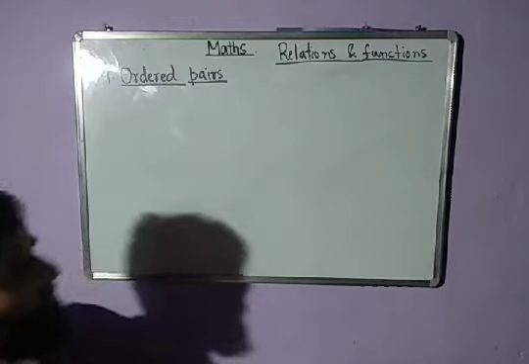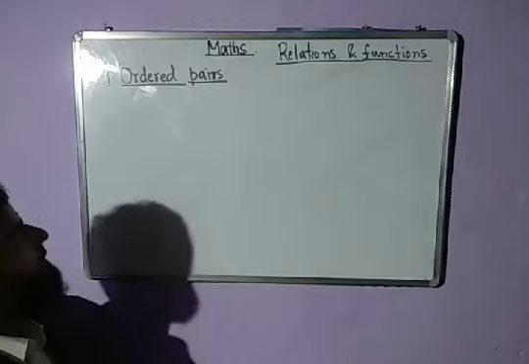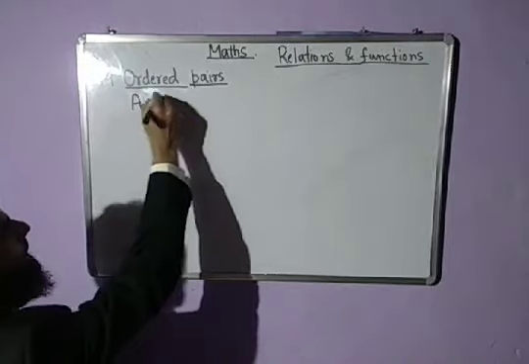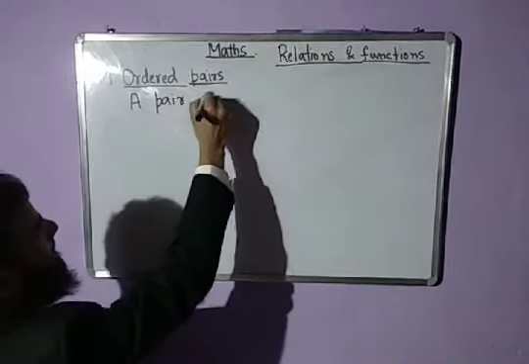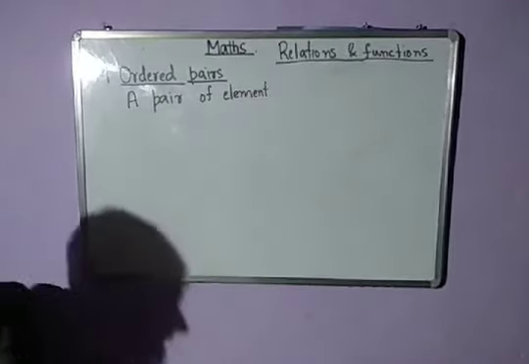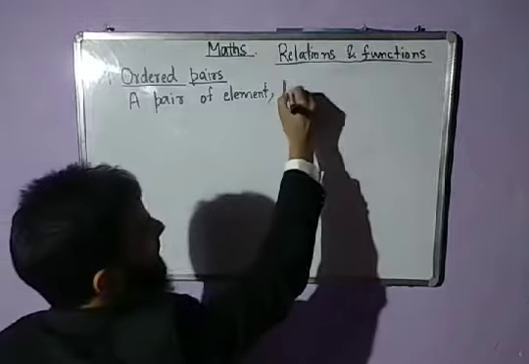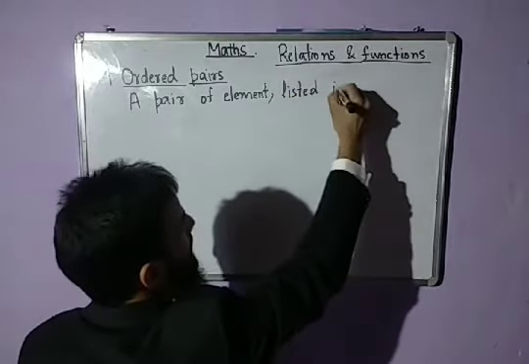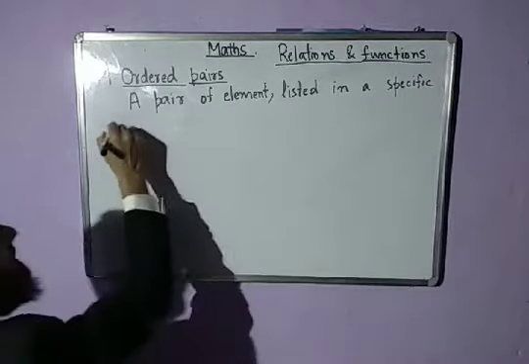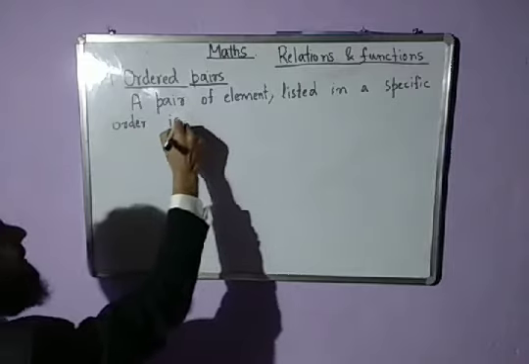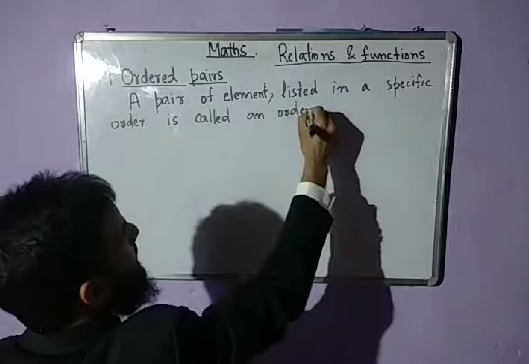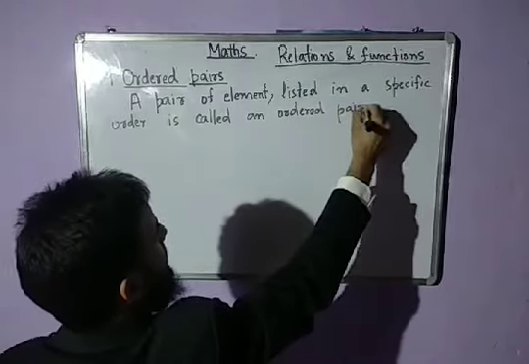Now I will write a definition of the ordered pairs: a pair of elements listed in a specific order is called an ordered pair.